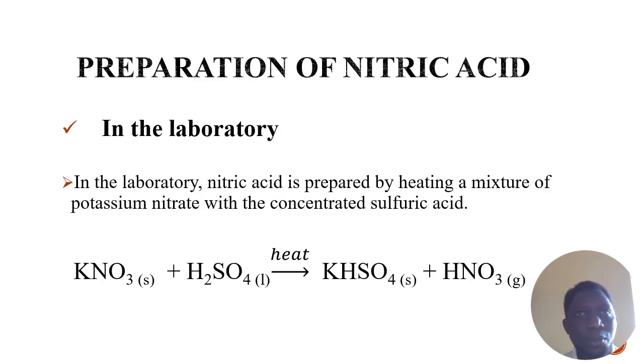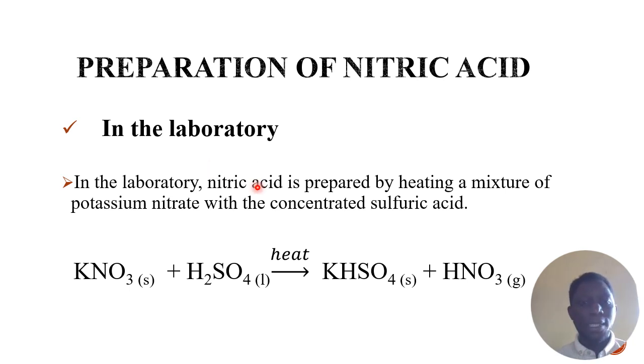We are going to talk about the preparation of nitric acid. There are two kinds of preparation in chemistry: laboratory preparation and industrial preparation. We start with laboratory preparation of nitric acid.